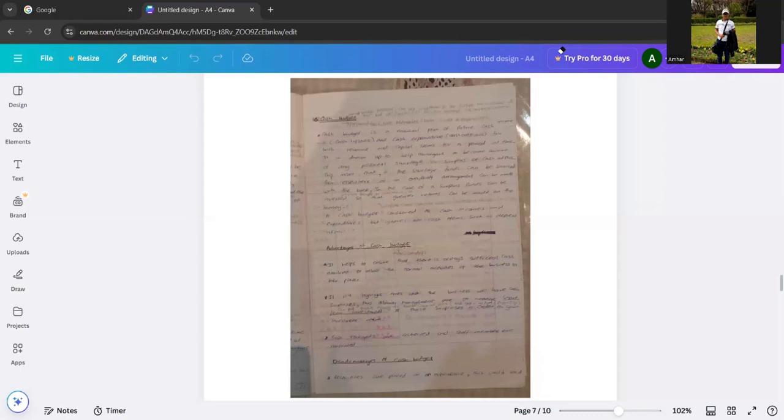The second point tells you that it will highlight times when the business will have cash surpluses, thus allowing management time to arrange short-term investment of those surpluses in order to gain investment return. So the cash budget will show us whether the business is having a surplus or a deficit.